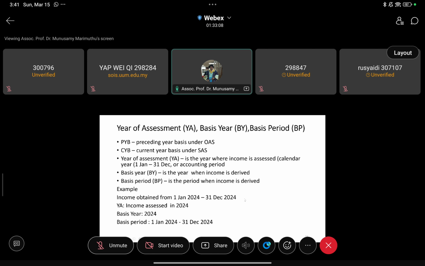Very simple. So in the exam, if they ask what you mean by year of assessment, basis year, basis period, with this it is very simple. If you focus in the class, it's very simple. Make sure as an individual, your period of income earned is from January to December.